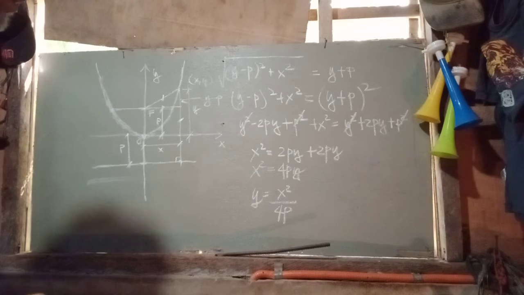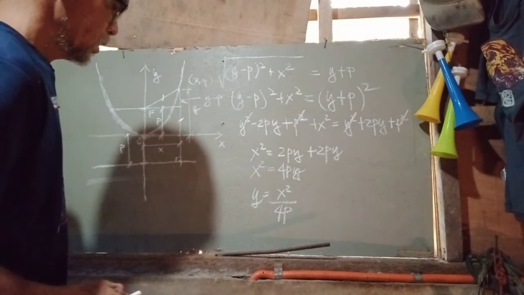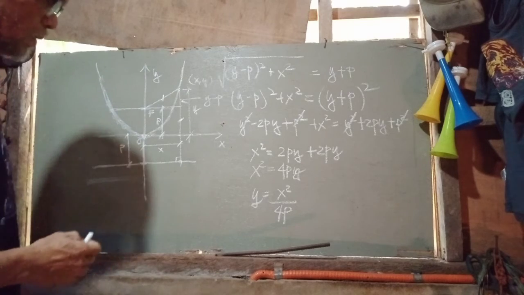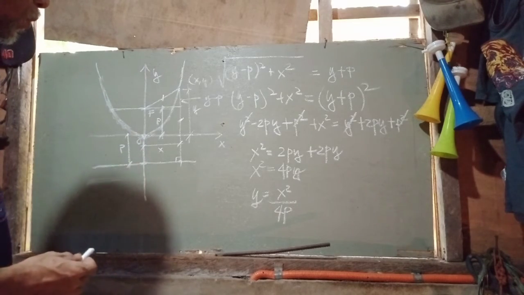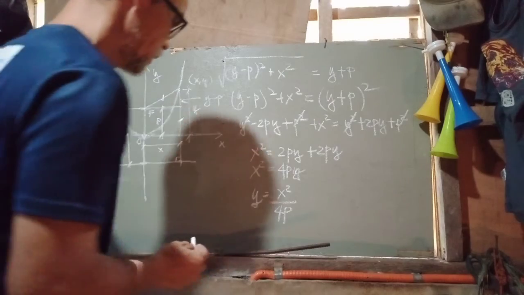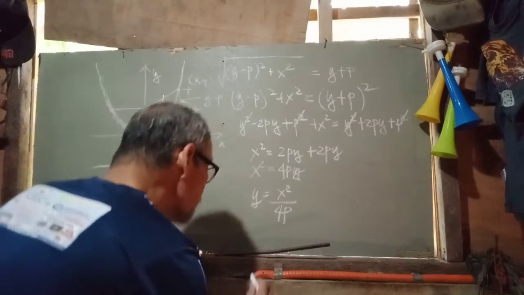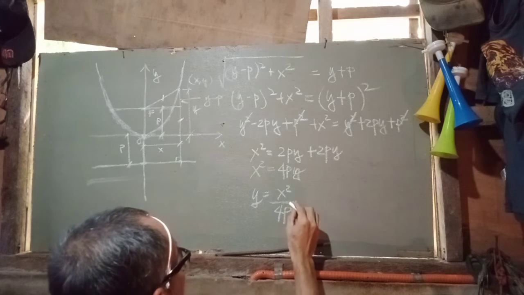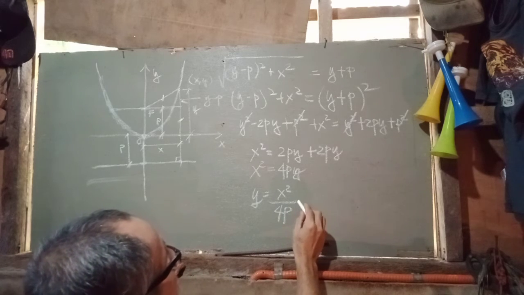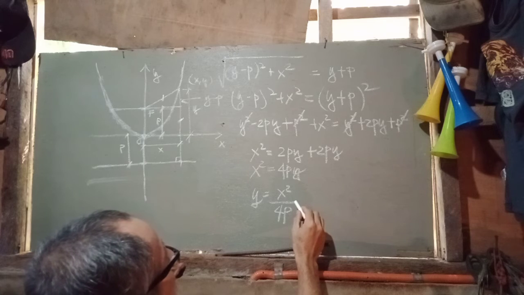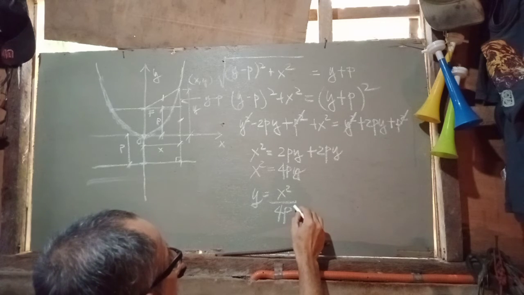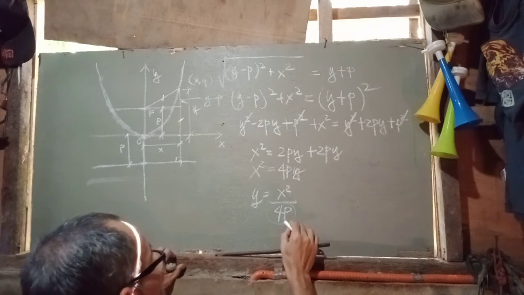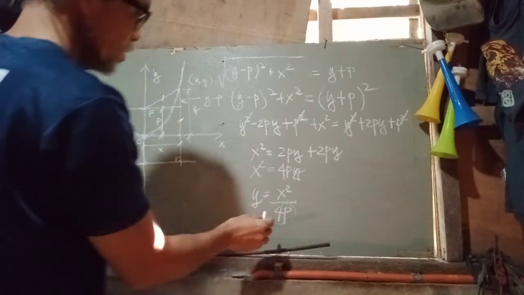That will be the equation of this parabola, which means that this P is 4P.